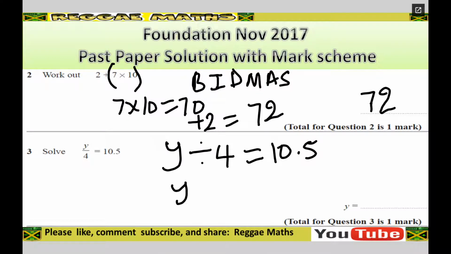So y is equal to 4 times 10.5. 4 times 10 is 40. 4 times 0.5 is 2. So your answer is 42.